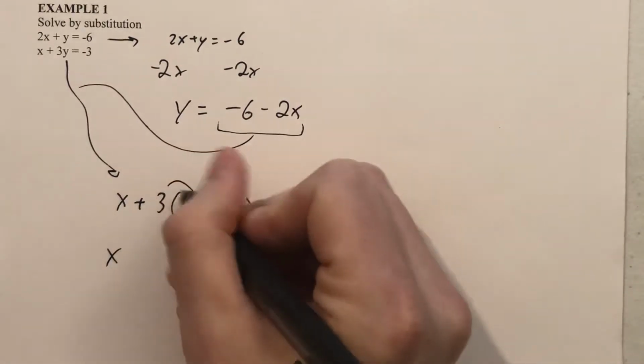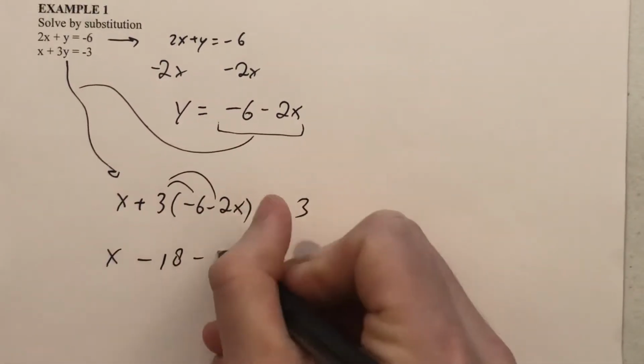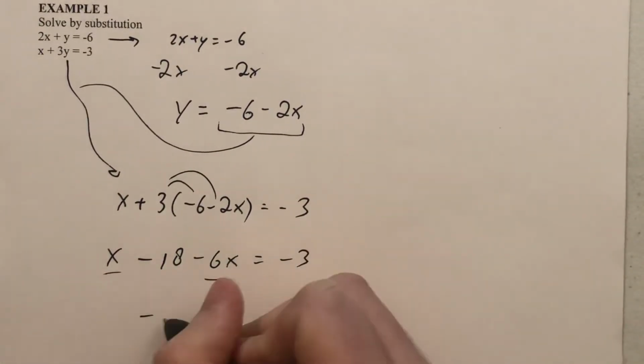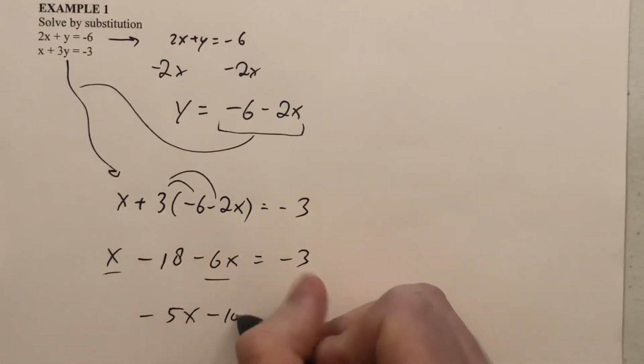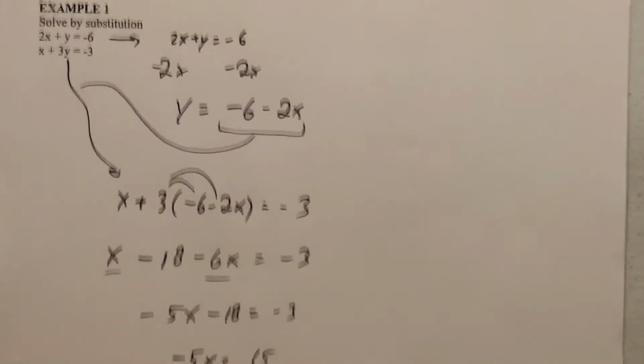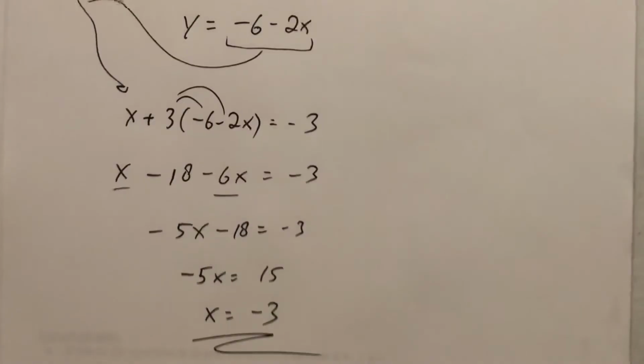So x, and distribute that, -18 minus 6x. I can combine a couple like terms, -5x minus 18. Add the 18 will give me a 15. Divide by -5 will give me a -3.